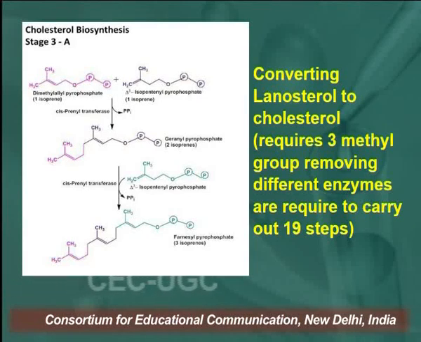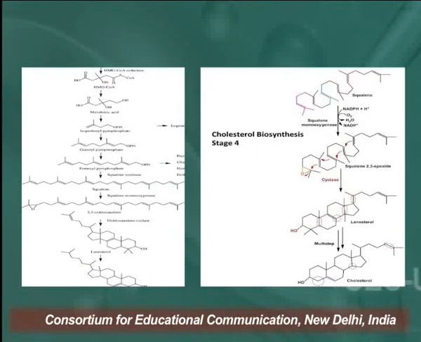So always remember, for conversion of lanosterol to cholesterol we need to remove methyl groups, and for the removal of 3 methyl groups we need at least 19 steps. It is a very long pathway, and after 19 steps, when all 3 methyl groups are removed, we get cholesterol.